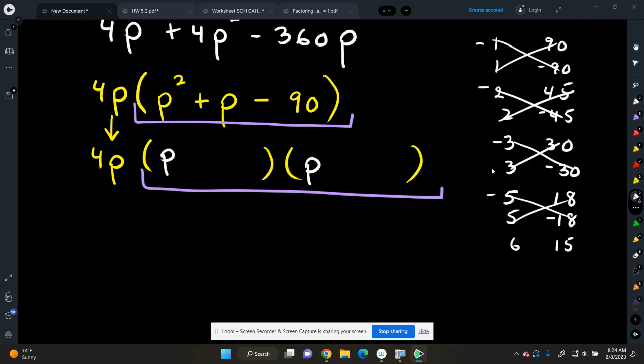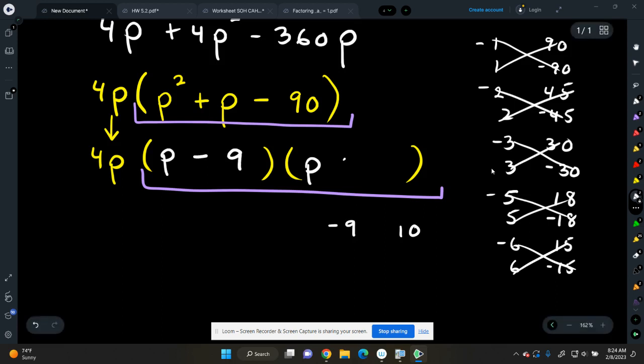Yes, 15 times. Does that add up to positive 1? No. Okay. How about 7? 8? 9? Yes, 9 times 10. That's it. Will that add up to positive 1? Yes, it will. So we have p minus 9, p plus 10.